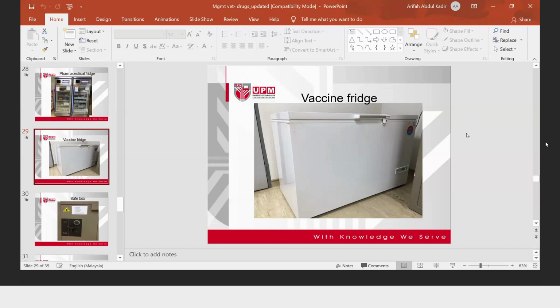Most of the drugs that have got expiry dates will be recorded in the red card. Is that clear? Drugs that have not got expiry dates, such as cotton wool, swab, consumables, other than drugs. Most drugs memang ada expiry date. Those yang tak ada expiry date, like consumables as I mentioned earlier, like needles, suture materials. Needles ni kadang-kadang dia tak ada expiry date.